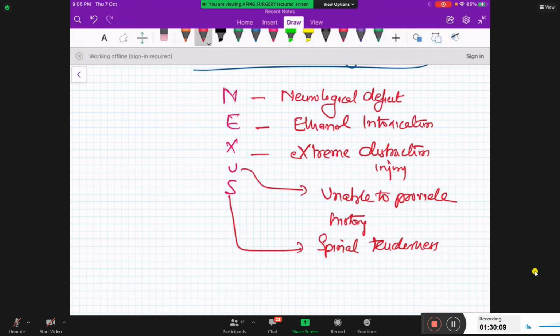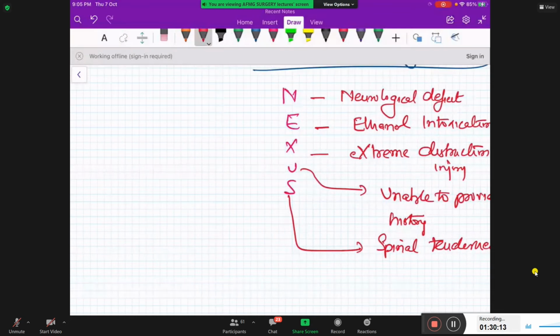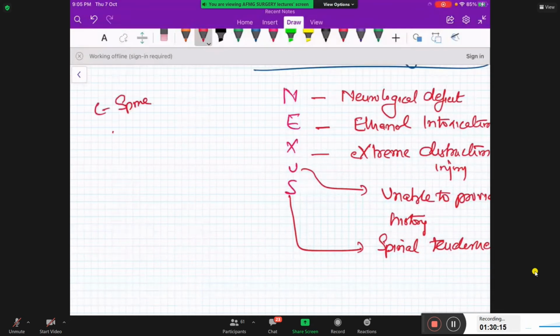Right? And for cervical spine evaluation, very important point, how will you evaluate the spine? If you are told that you have to evaluate the spine, whether there is an injury to the spine or not, what investigation will you do?